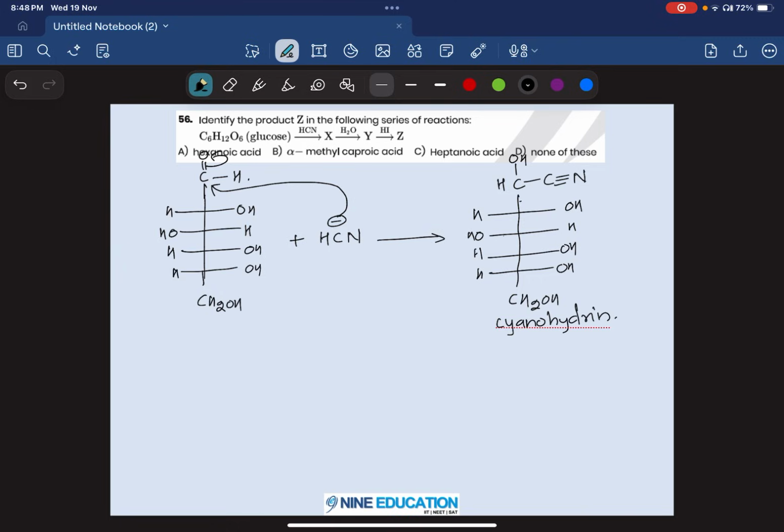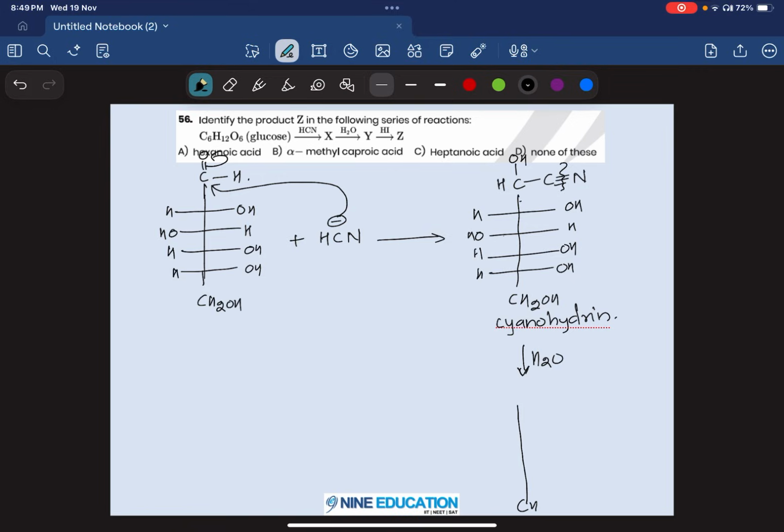Then, upon hydrolysis, cyanide generally gives carboxylic acid. All three bonds between carbon and nitrogen are broken, ammonia is released, and carboxylic acid is formed. So here, upon hydrolysis of the cyanohydrin, you will get a seven-membered chain this time instead of a six-membered chain.